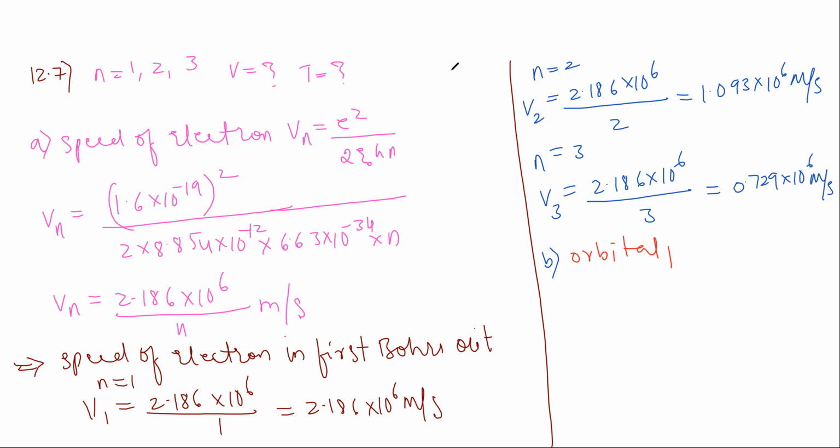Next, we have to calculate the orbital period T. That is calculated by using Tn is equal to 4 epsilon naught square n cube h cube divided by m e raised to 4.